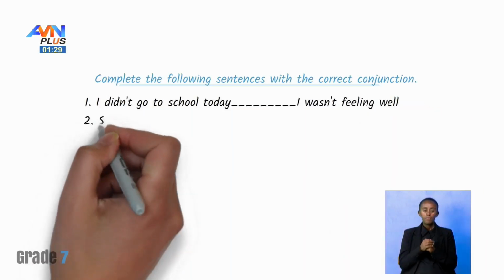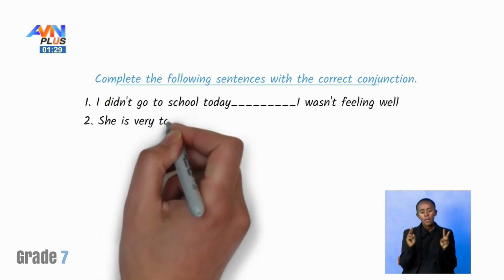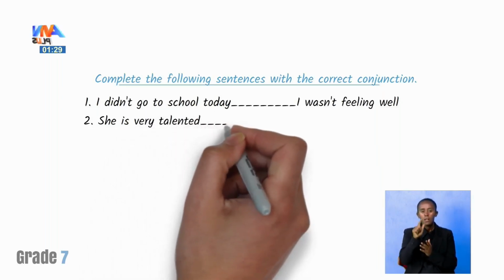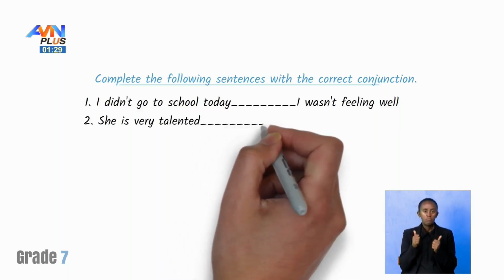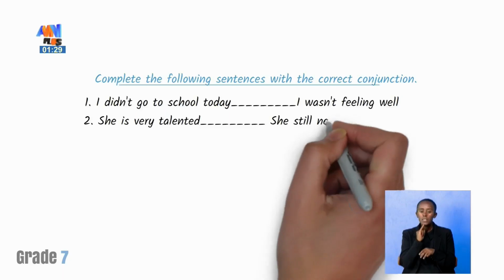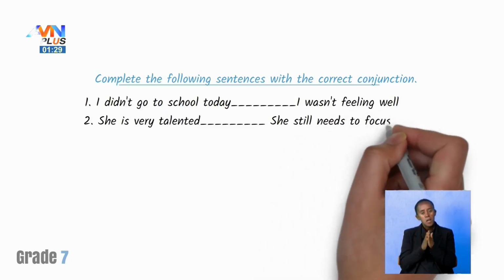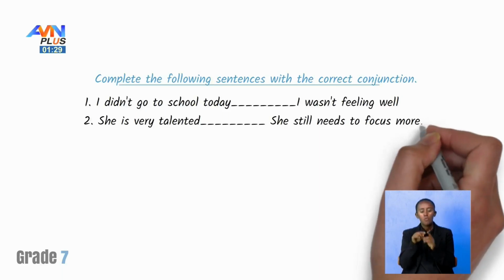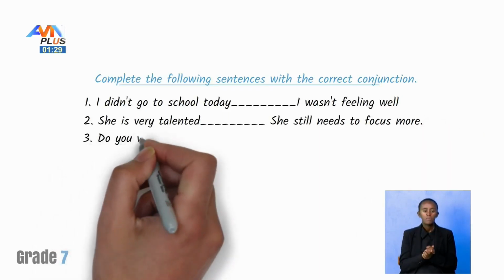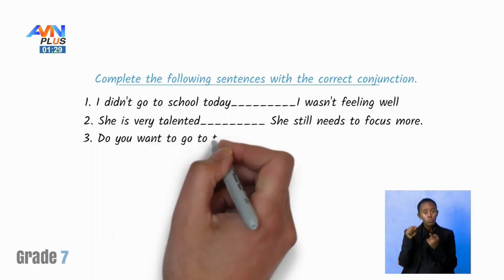Number 2: She is very talented. She's blank, she still needs to focus more. Number 3: Do you want to go to the beach?